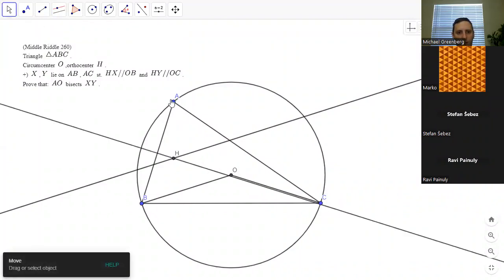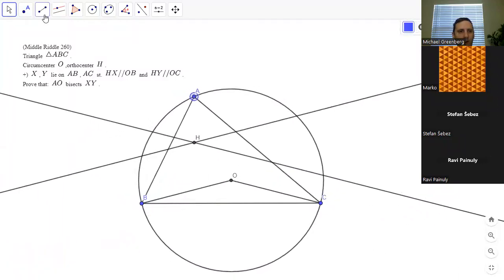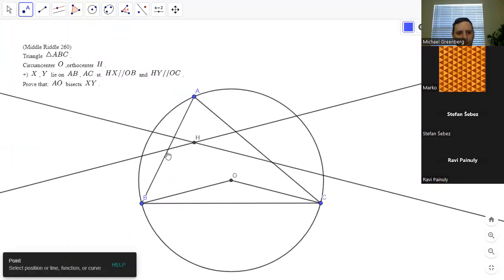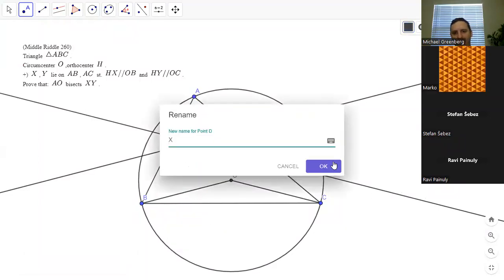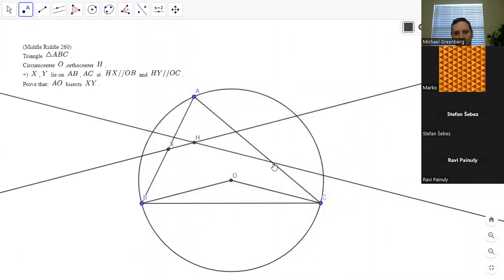So X is on AB and Y is on AC. This is going to be X, and this is going to be Y. And we want to show AO bisects XY.